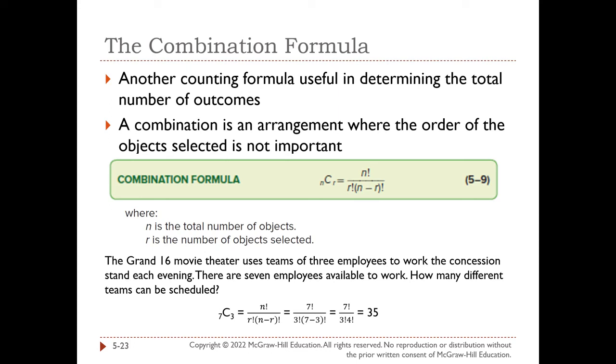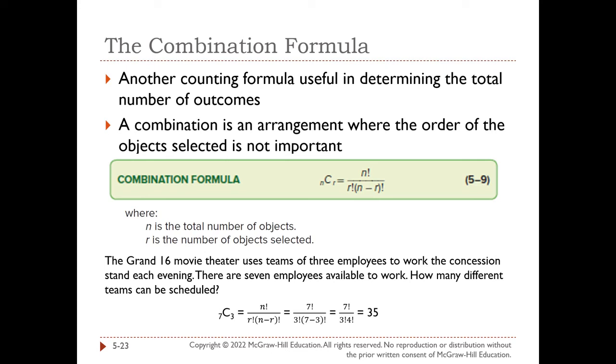Fun one. So, basically almost the same, except N factorial is divided by R factorial multiplied by N minus R factorial. Just like saying factorial now, basically our exclamation point.